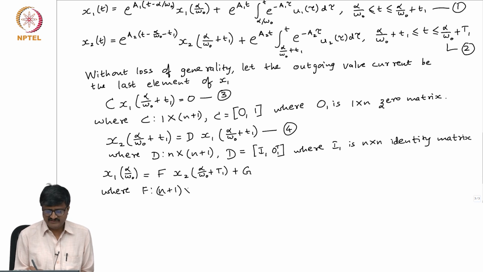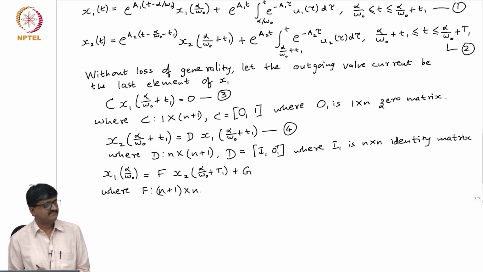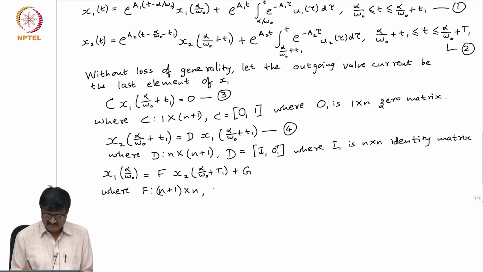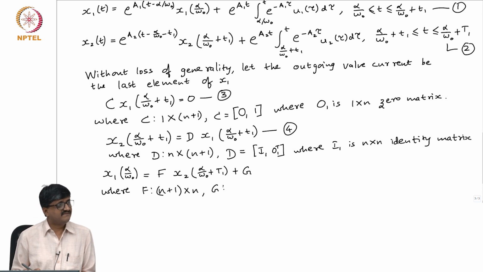The size of x2 is n, so f is n plus 1 cross n. And what is the size of g? That should be obvious. When I am adding two elements and saying it is equal to a vector, both should be column vectors. So, the size of g is the same as x1, n plus 1 cross 1.